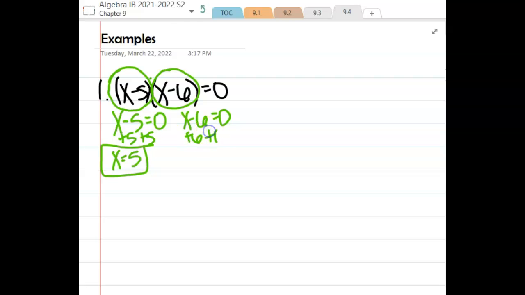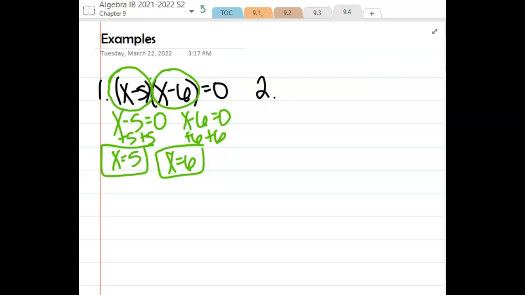So add 6, we get x equals 6. And this one's really easy to check, because if you plug in 5, 5 minus 5 is 0, 0 times that's 0. Plug in 6, that one gives you 0. X minus 5 times 0, it doesn't even matter what x minus 5 is, we get 0. Okay? I think the first several problems on your homework today are that easy.